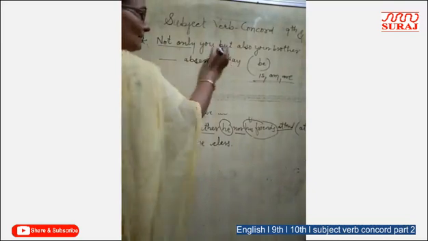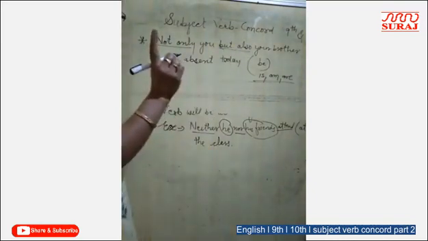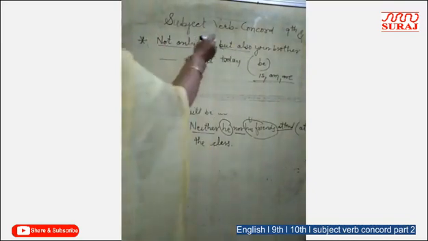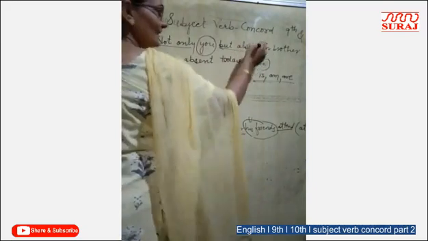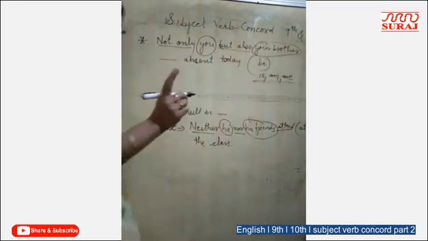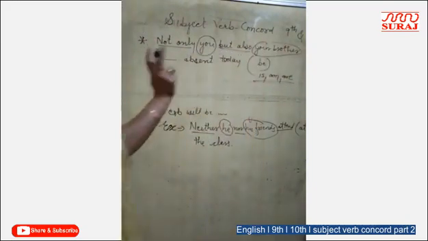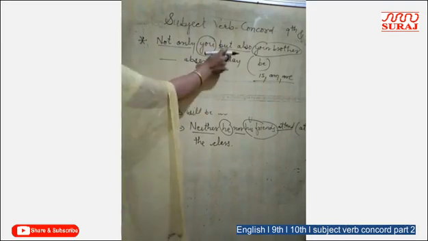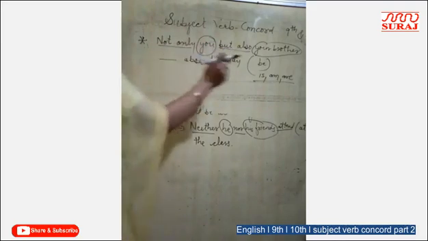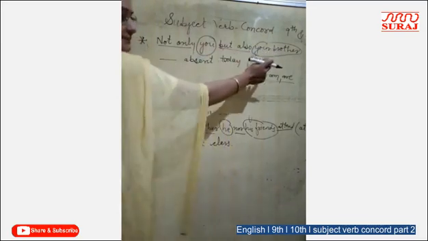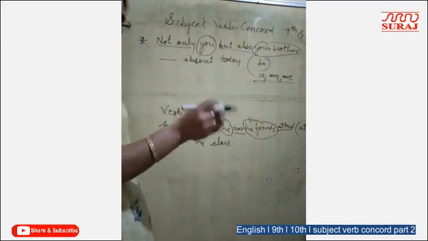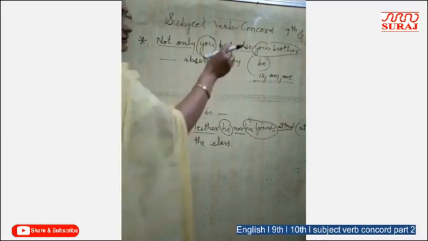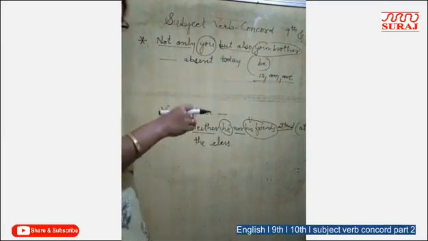Not only but also, pair word, conjunction हो गए. Not only but also, first subject and second subject. There are two different subjects, you and your brother, and both the subjects are joined by not only but also, a pair word. The verb will be according to the later subject. If the later subject is singular, the verb will be singular, and if the later subject is plural, the verb will be plural.